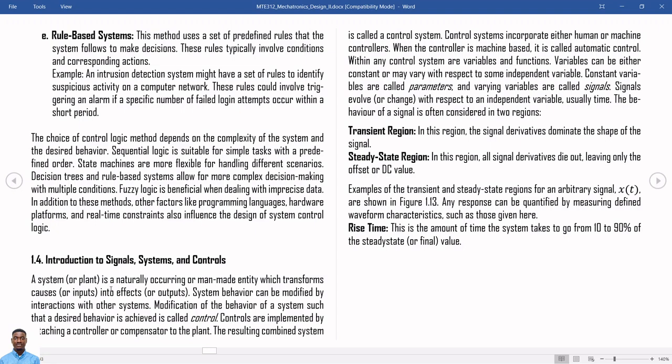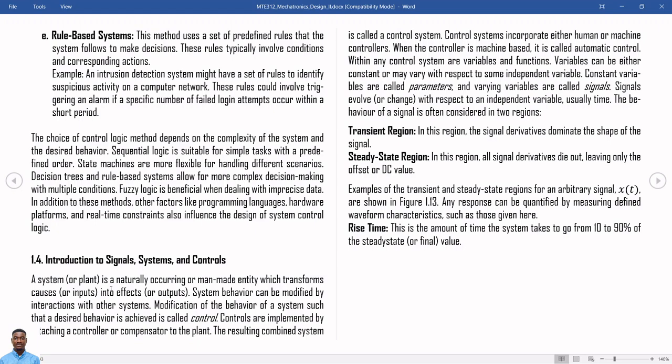In some cases they refer to them as plants, in some, systems, so you need to be aware of these 2 words. So systems are either naturally occurring, maybe a God-created system, or a man-made entity which transforms inputs into outputs. So anything that changes an input into another output, then that thing is a system or a plant.